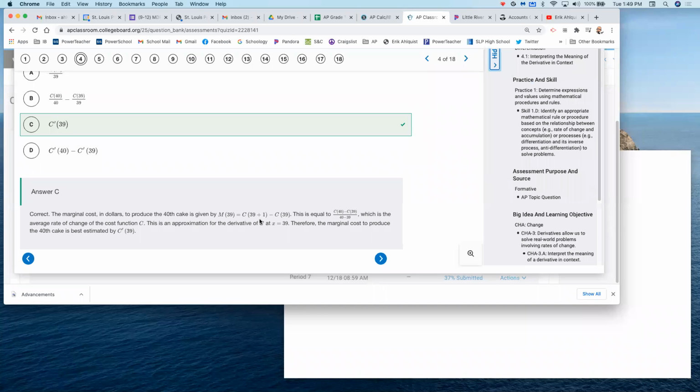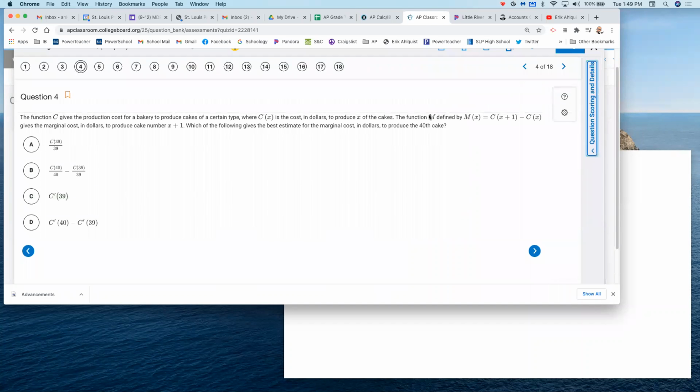The 40th cake would be if we put in... let me think of how I can explain this best.